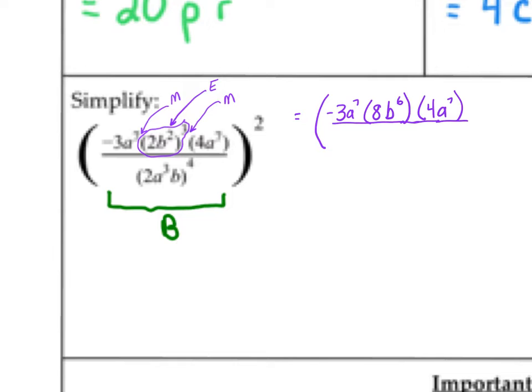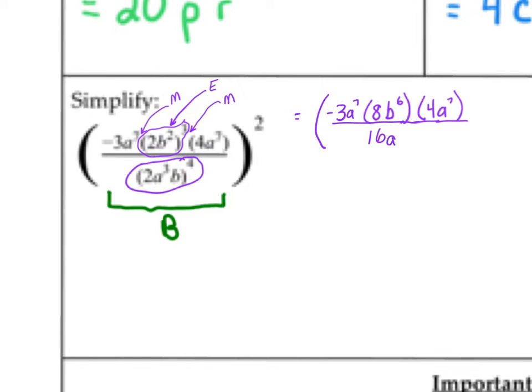And on the bottom, again, you have an exponent. So the coefficient is 2. The exponent is 4. So 2 to the exponent 4 is 16. And then for the a's, the exponent of 3 multiplies with the exponent of 4.